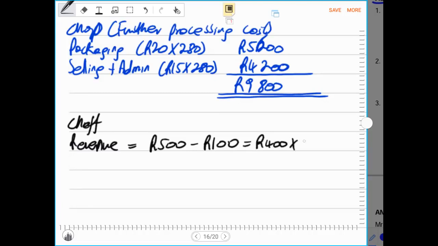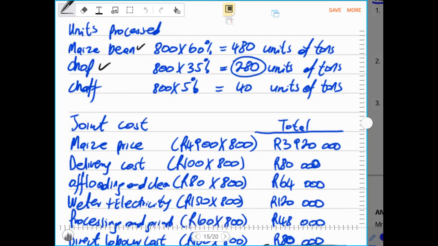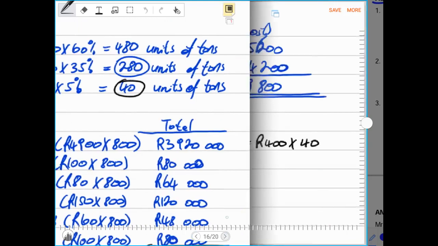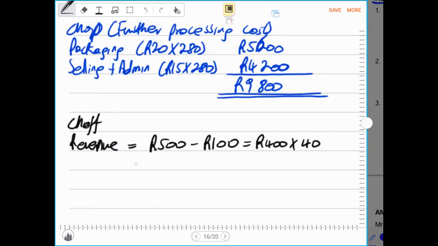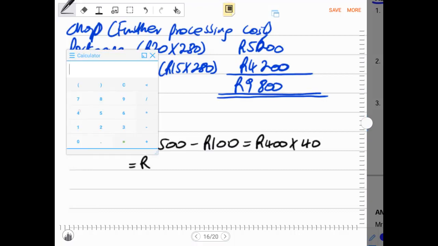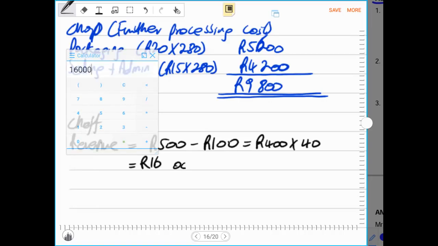We times this by the number of units that were processed. And we know that we processed 40 units of product chaff. So we multiply 40 by 400 to determine the revenue from the sale of this product, which gives us 16,000 rands.